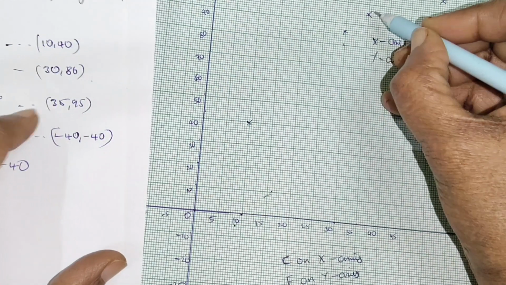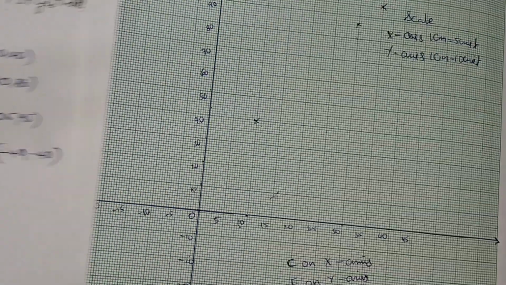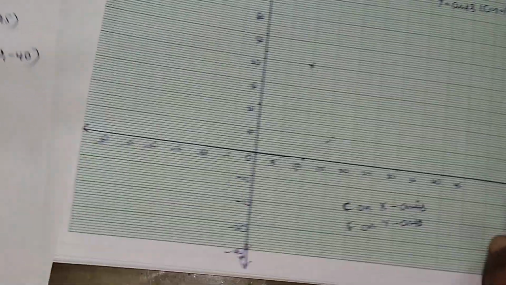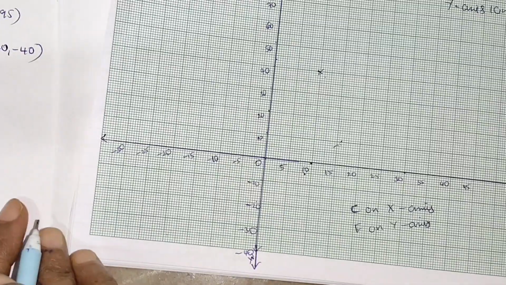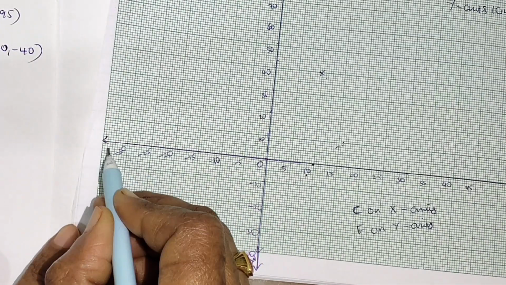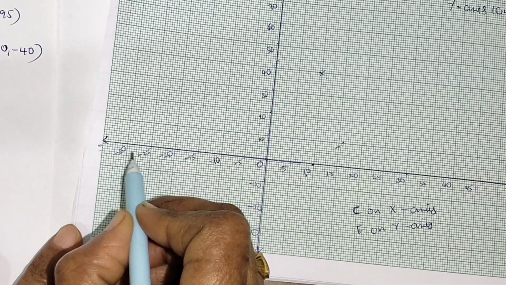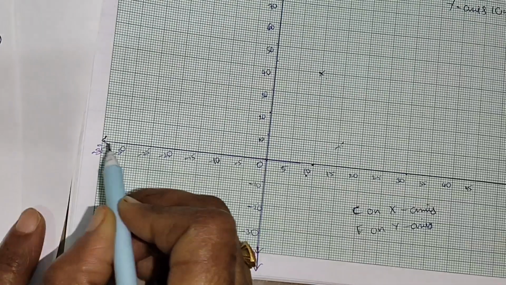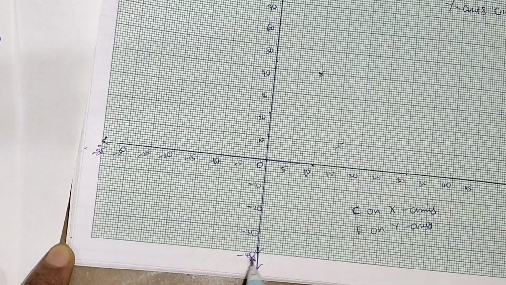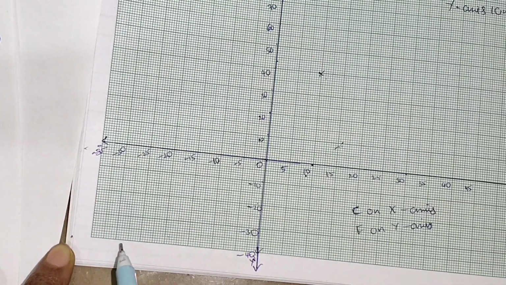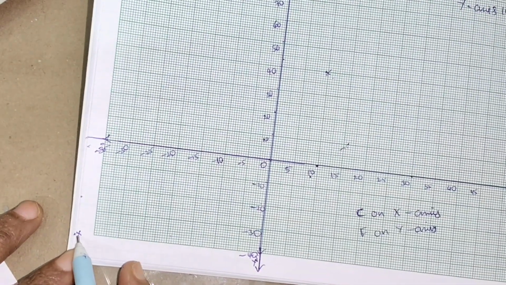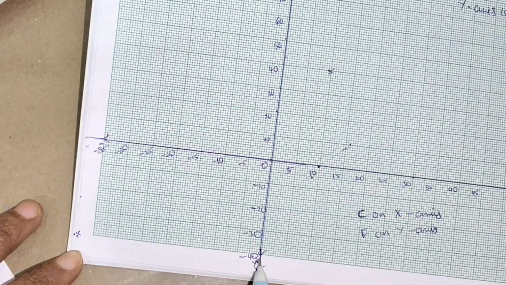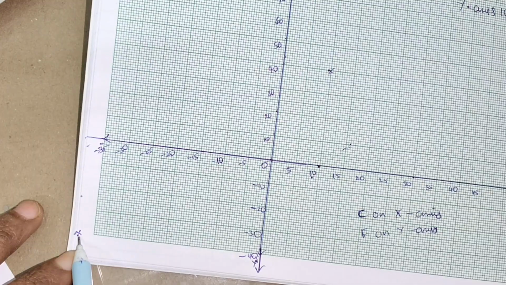So here is one point. Next, minus 40 comma minus 40: minus 40 on the x-axis. So we mark minus 40 here. This is the next point.